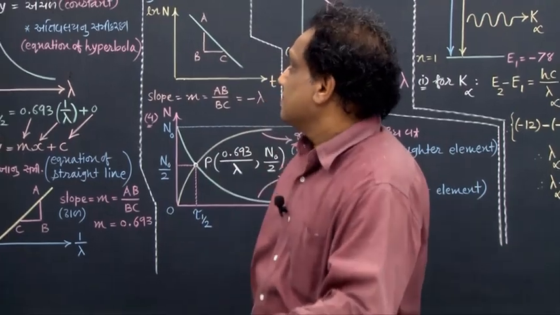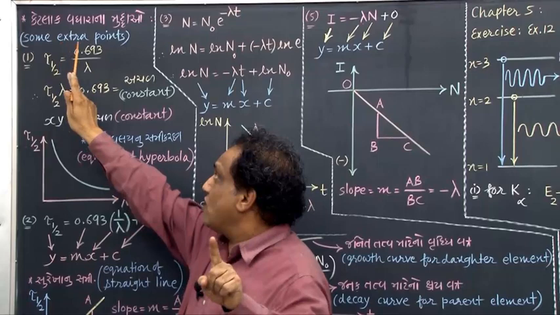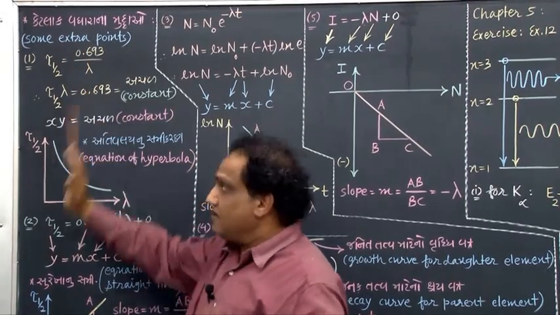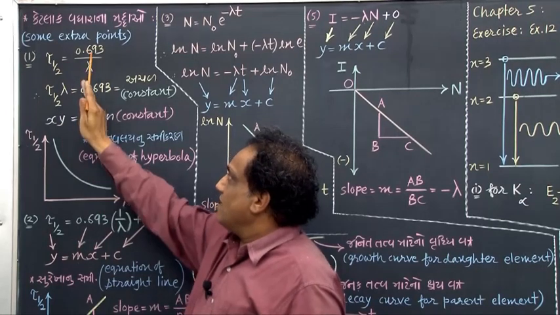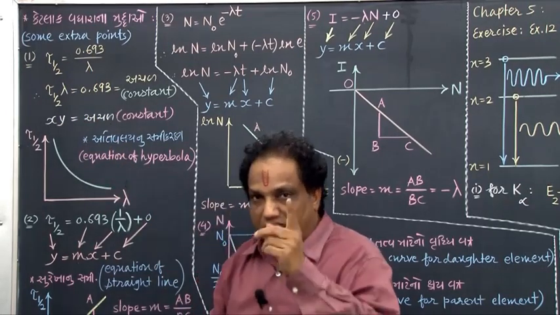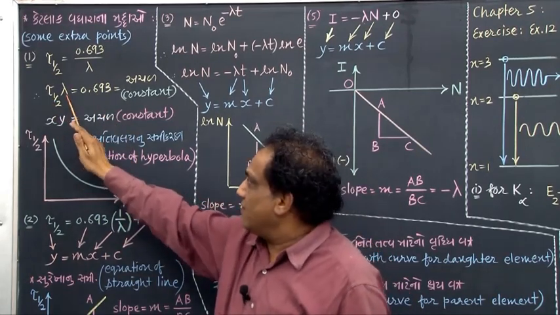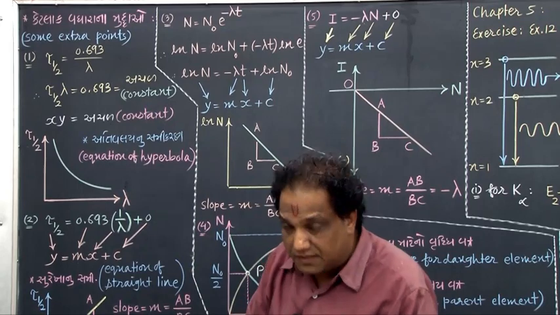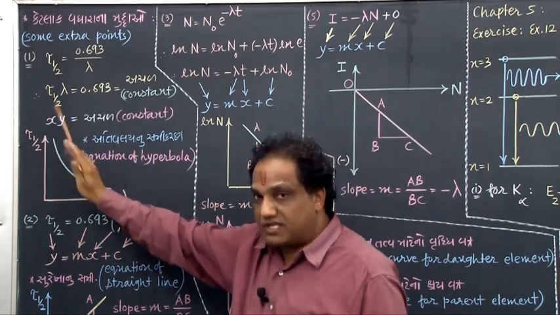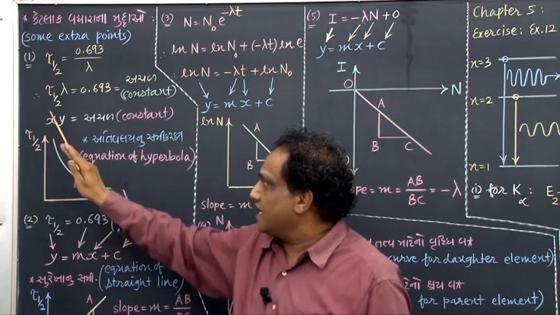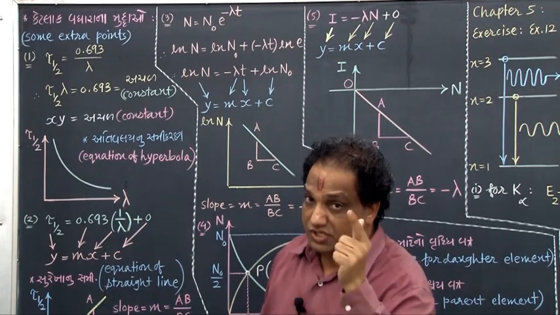Look here. You know formula of half-life, which is tau half equals to 0.693 upon lambda. Take this lambda up. So it is tau half into lambda will be 0.693. But tell me, 0.693 is constant. So tau half into lambda comes out to be constant. Now if you match this with y and this with x, then this equation is something like x into y equals to constant.